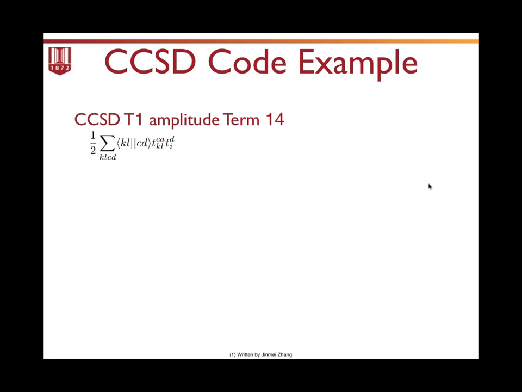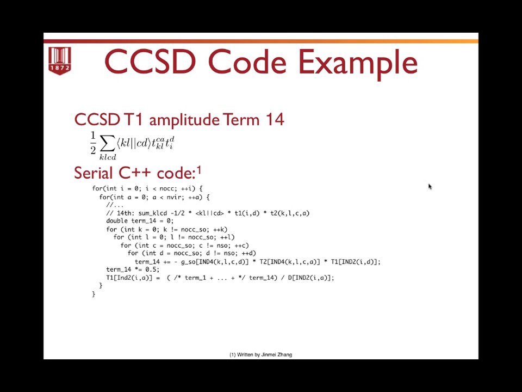If we look at just the last term of the equation on the last slide, we have a fourth order tensor multiplied by a fourth order tensor multiplied by a second order tensor, and we're summing over the indices K, L, C, D. So if we were going to program this in a simple serial code in C++, you'd have 6 nested loops, and on the inside you're going to do an element-wise contraction from these 3 tensors and then sum them into the term 14 here.